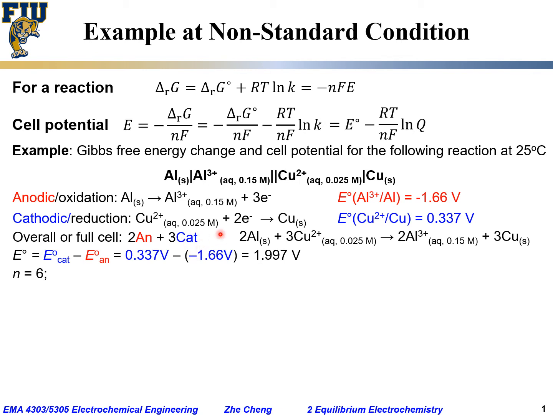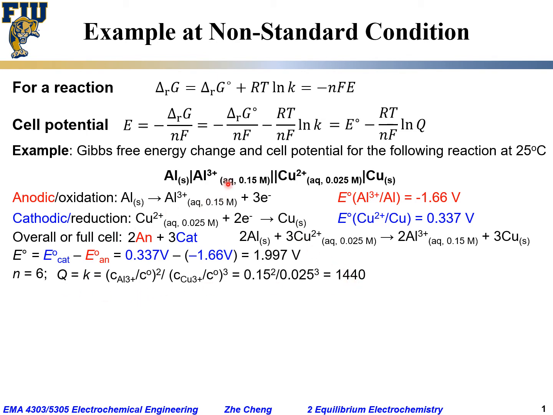Well, for the cathodic part, the 2 electrons you have to multiply by 3. It also gives you 6 electrons. So they cancel out. That means per mole of progression, totally 6 moles of electrons will be transferred for such an electrochemical reaction.